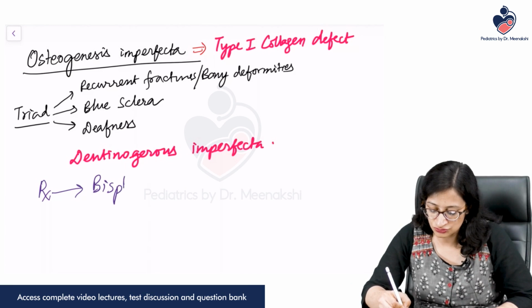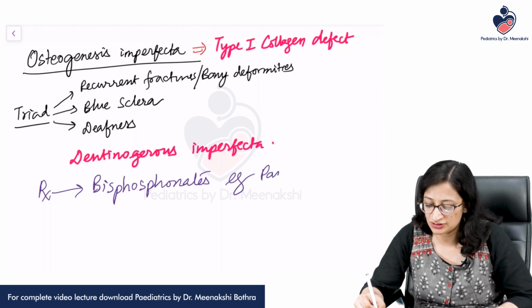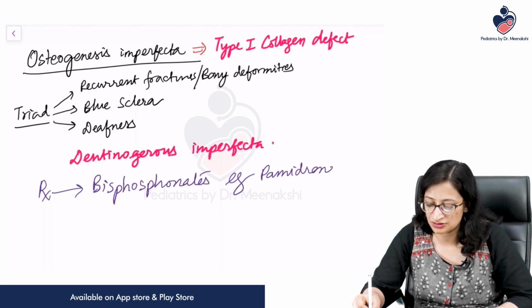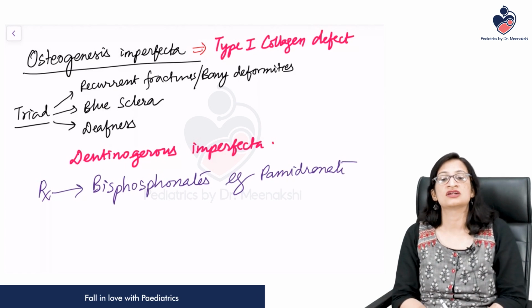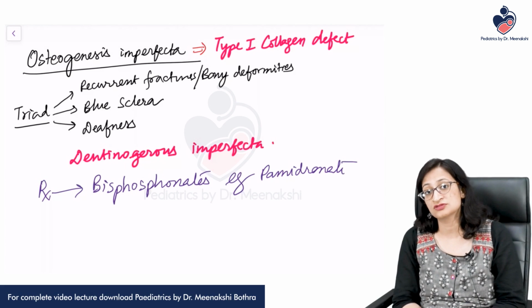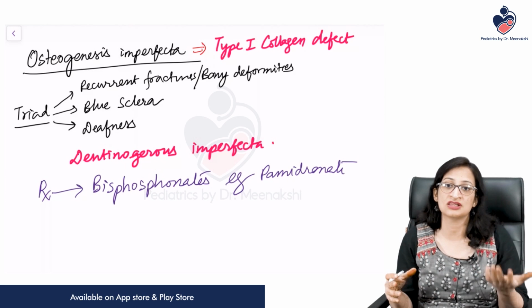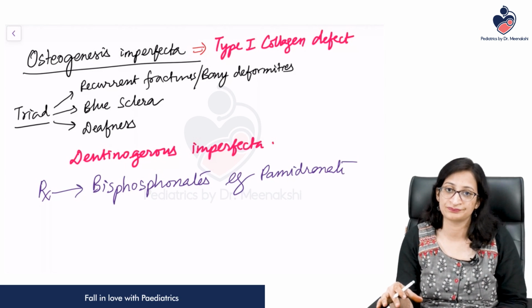So, that is about osteogenesis imperfecta. A very important spotter: if you get a child with multiple bony deformities and blue sclera, think of osteogenesis imperfecta.